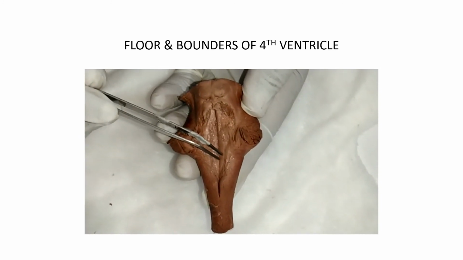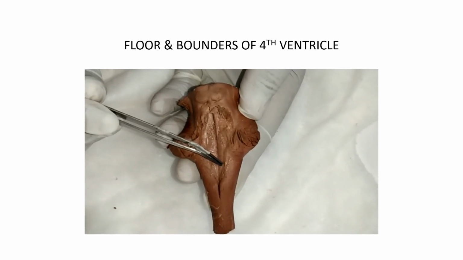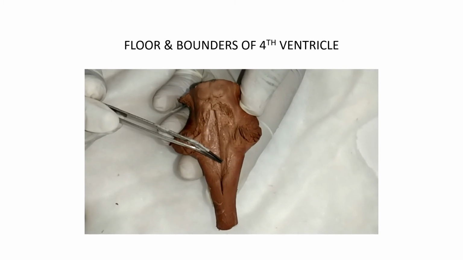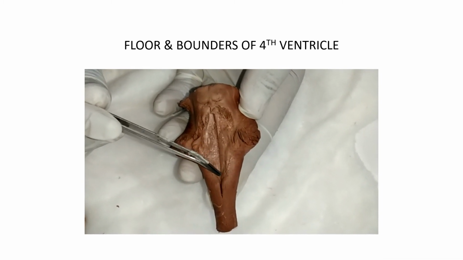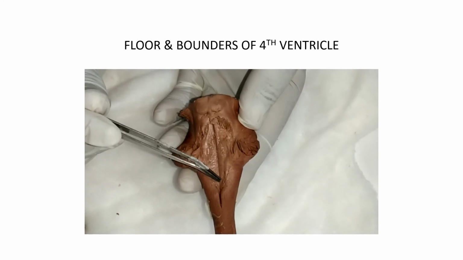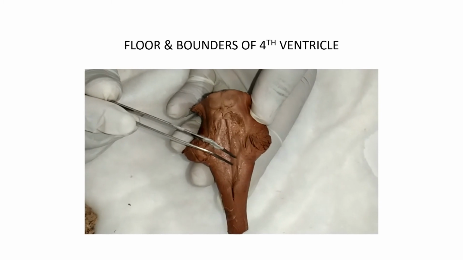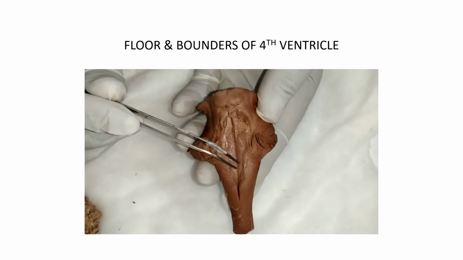From the inferior fovea, the sulcus limitans descends obliquely toward the median sulcus over here, and this sulcus divides the medullary part of the floor into two triangles.